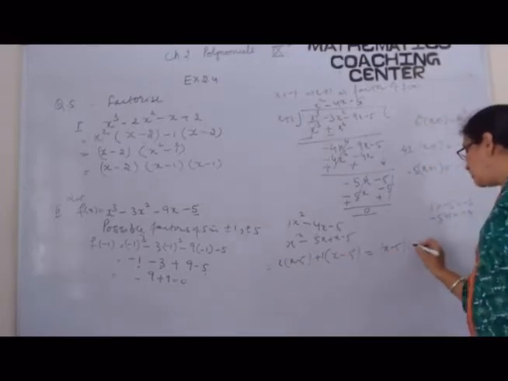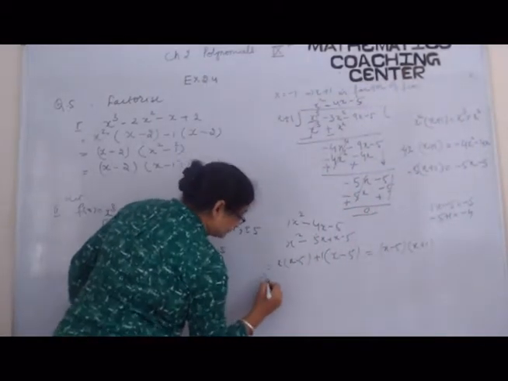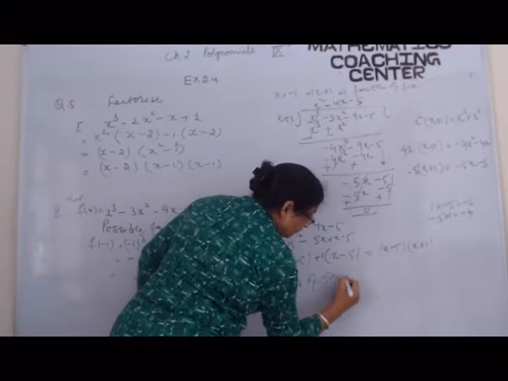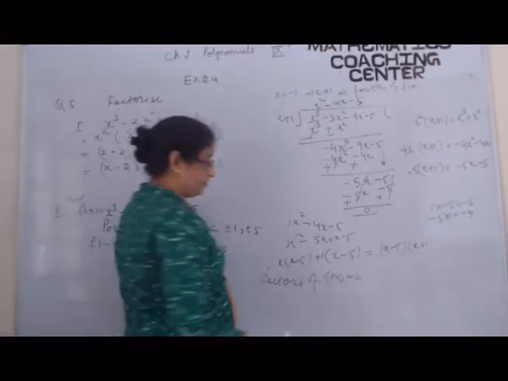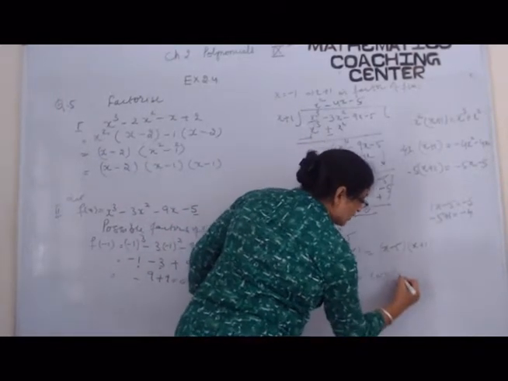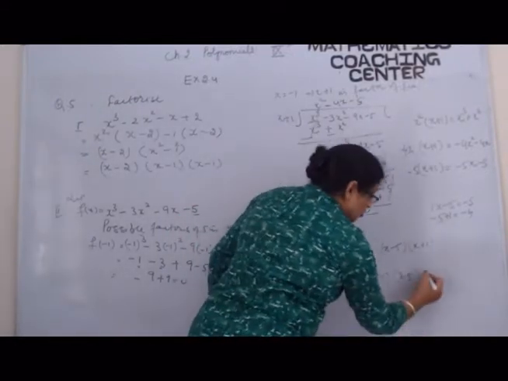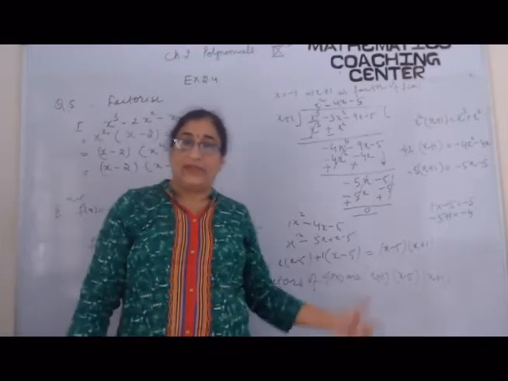So the factors of f(x) are: your first factor is x plus 1, the other factor is x minus 5, and the other factor is x plus 1. So these are the required factors of f(x).